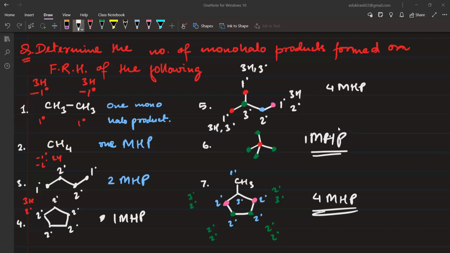But when we have 2 degree, then you have to compare them, whether they are same or different. Is everyone done? Yes or no? Please tell me.